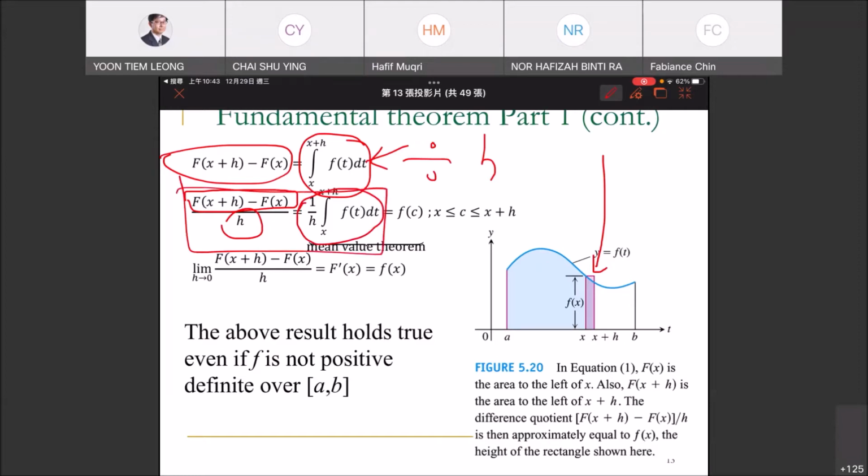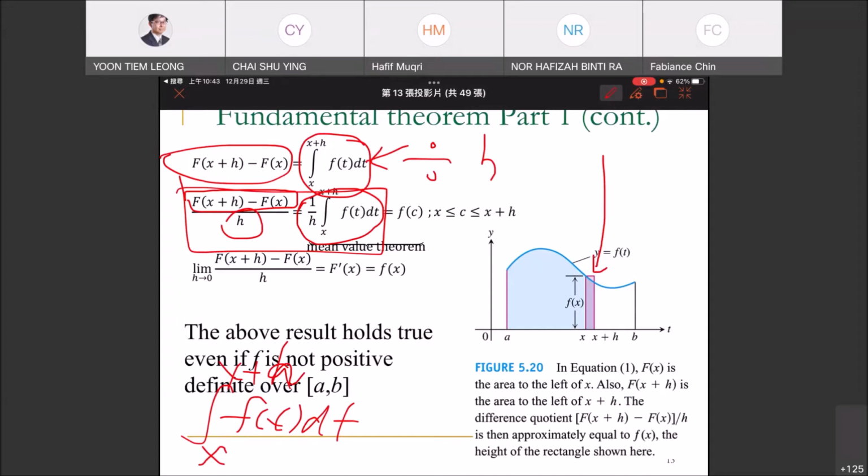Now what this relationship says is that you have f of t integrated from x to x plus a, right? So not x plus a, but x plus h. So this is h, not a.